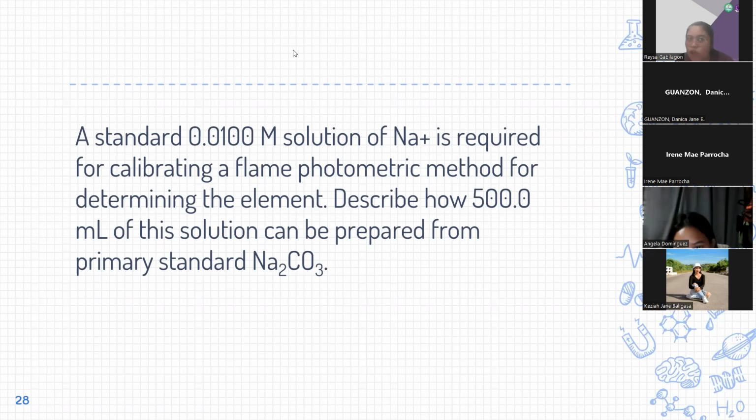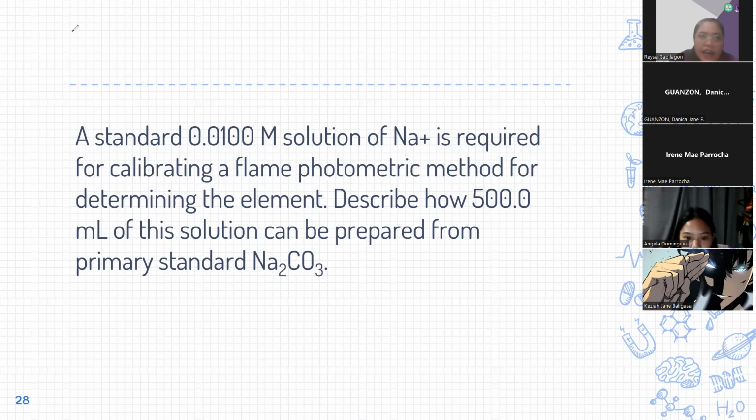Medyo complicated if it's our first time to encounter it, but let's do this step by step so you know what you will do. So again, the given here, we need 0.0100 molar sodium ion. Okay? Sodium ion, that is what we supposedly need.